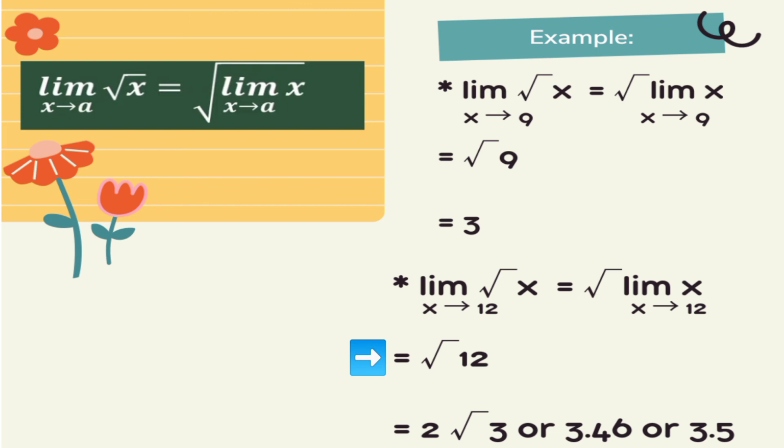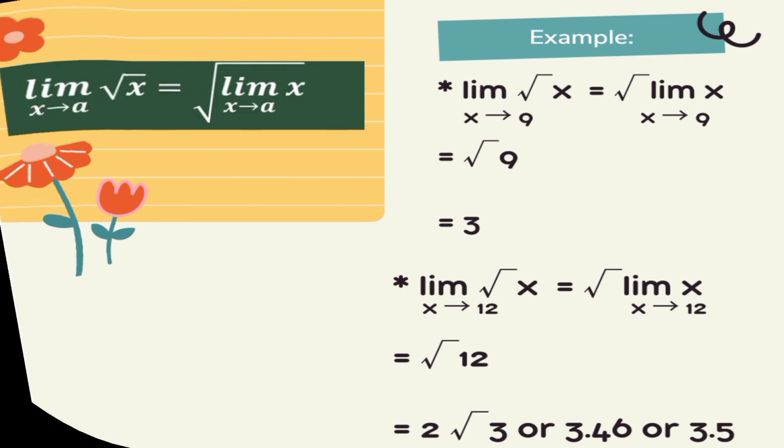Then we bring down the square root symbol. 12 is not a perfect square, so the answer would be 2 square root of 3, or 3.46, or when rounded off, 3.5. That is the radical rule or root rule, theorem number 8.